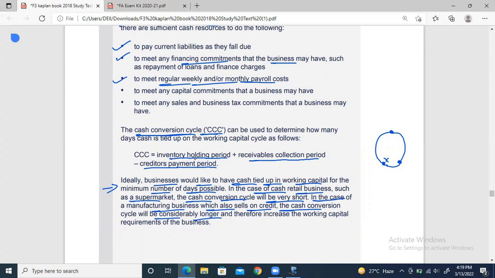The shorter the cash conversion cycle, the better. A longer cycle increases the working capital requirements of the business, so shorter days are very beneficial for the company.